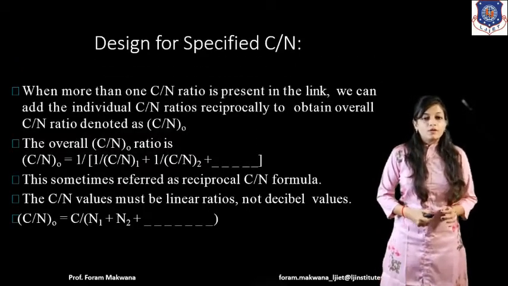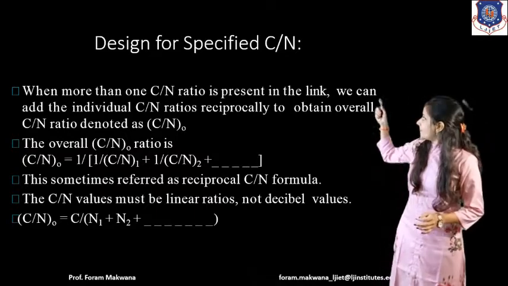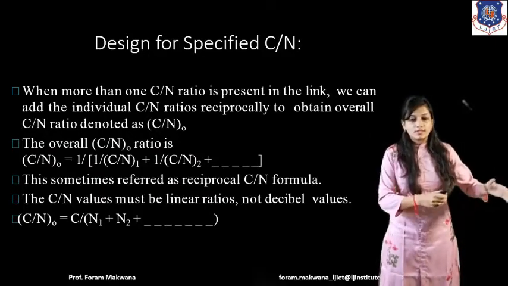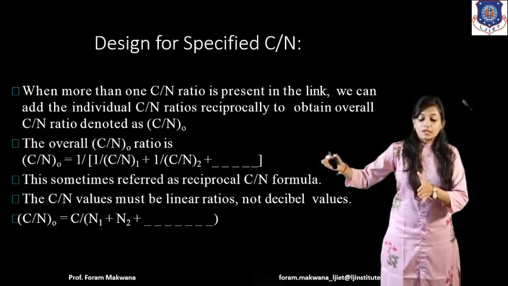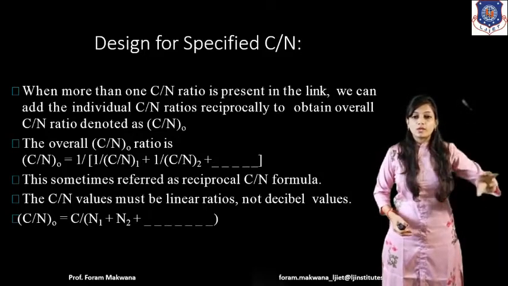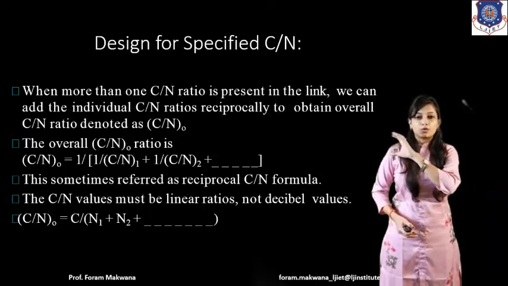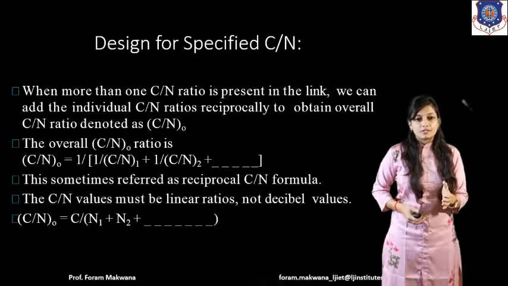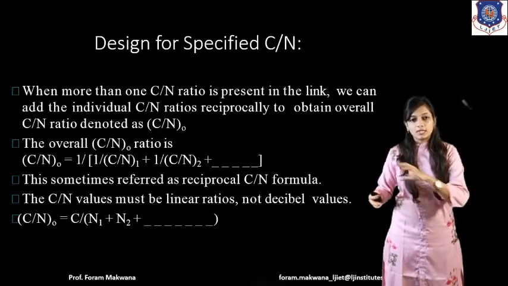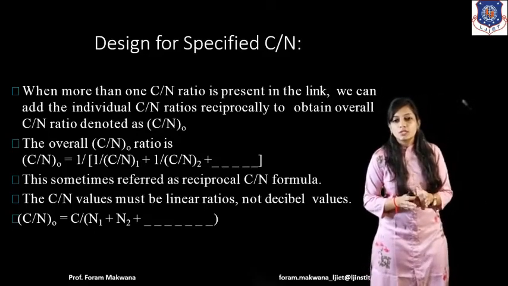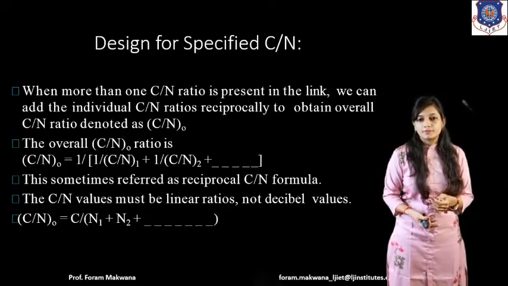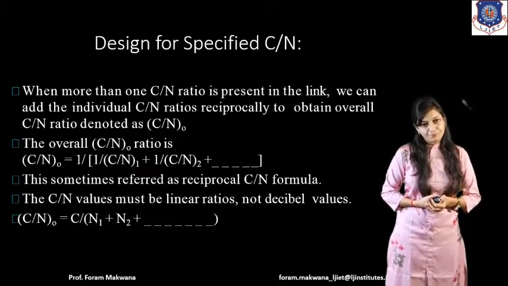Now, for designing a specified carrier to noise power, there are a number of system inputs, and we know the carrier to noise power for each system. So how do we design for a specific carrier to noise power? The first point: when more than one carrier to noise ratio is present in the link, we first individually calculate the carrier to noise power and then take the reciprocal.